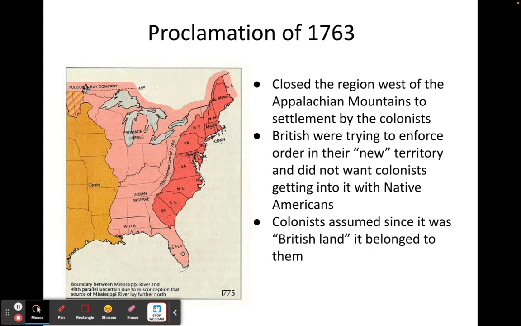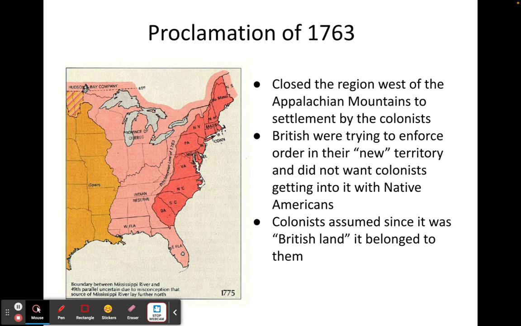After the Treaty of Paris in 1763, you'll remember from your last set of notes, the British passed the Proclamation of 1763, which closed the region west of the Appalachian Mountains to settlement. The reason for this is the British were trying to enforce their new territory that they had just gained from the French, and they didn't want colonists getting into trouble with Native Americans, taking Native American land.